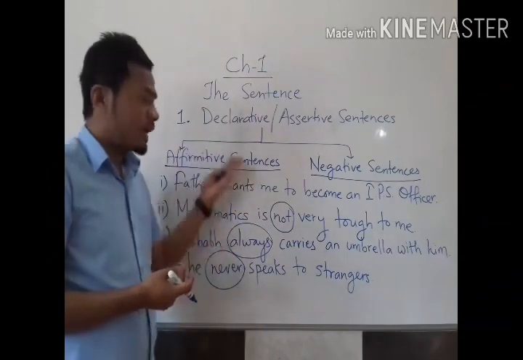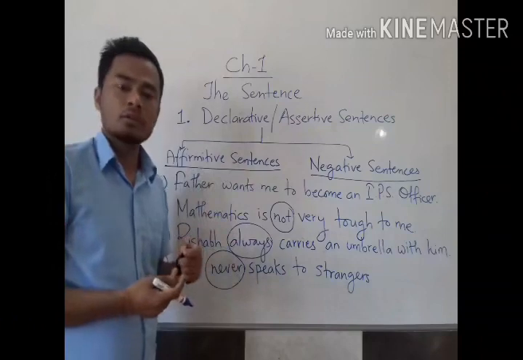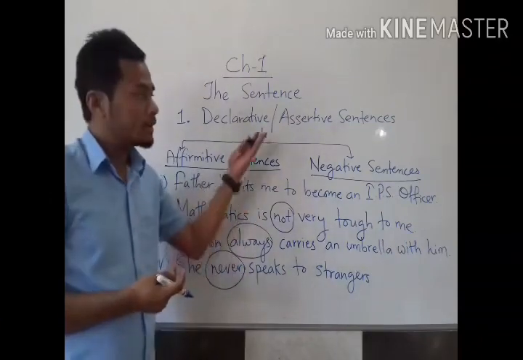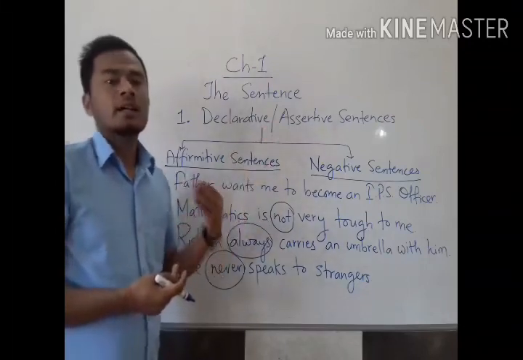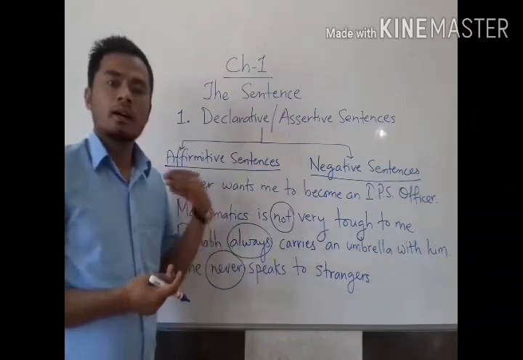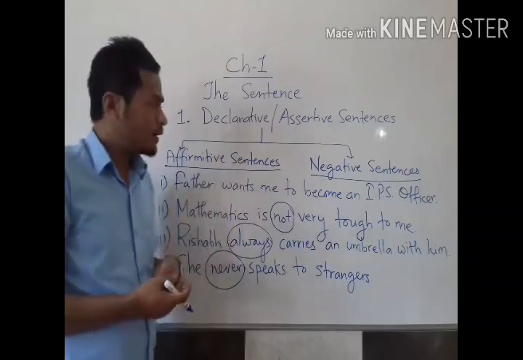So these are the examples of assertive sentences. I hope you have understood it very well. Again I am telling you, assertive sentences end with a full stop. They express a message, information, or idea in a straight and direct manner.